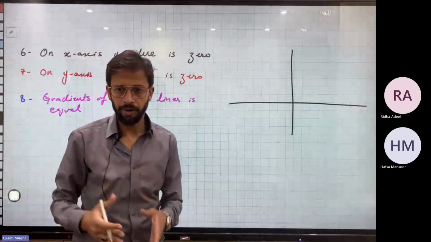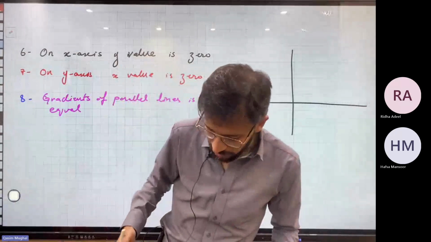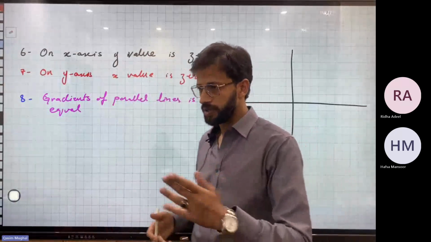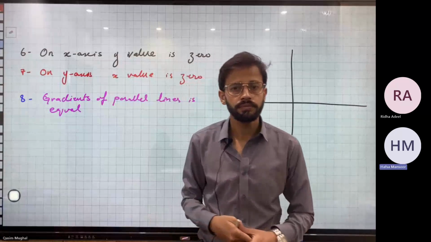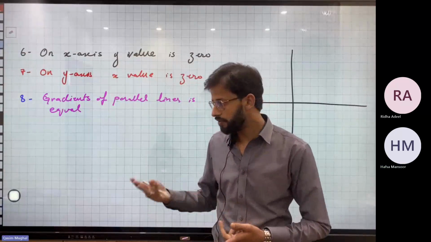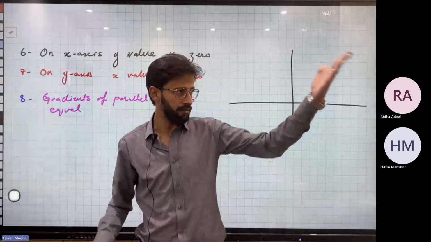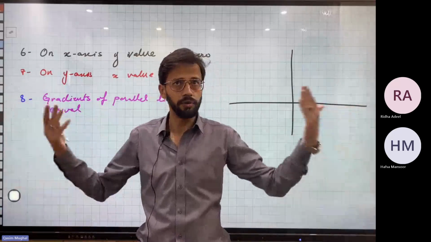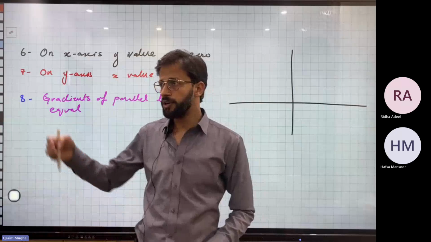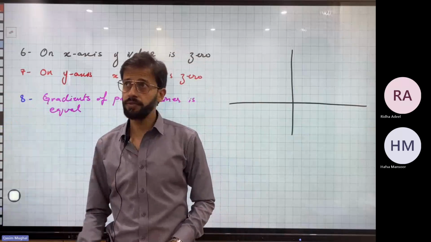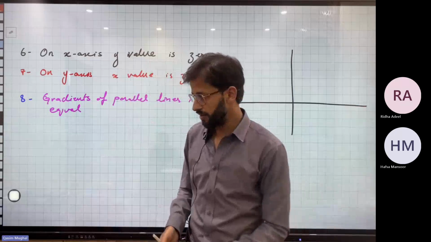It is applicable on any oblique line and any vertical line as well. What is the gradient of a vertical line? Infinity. Infinite or undefined. So if I have a wall on my right hand side and a wall on the left hand side, both of the walls are vertical. So if this wall has an undefined gradient, so does the one on my left hand side.